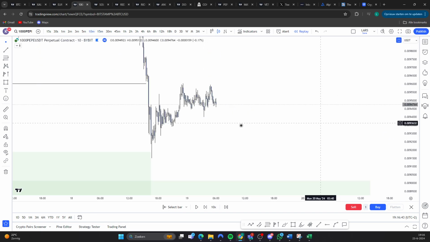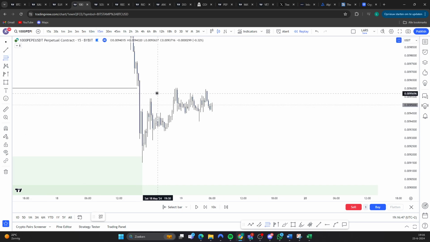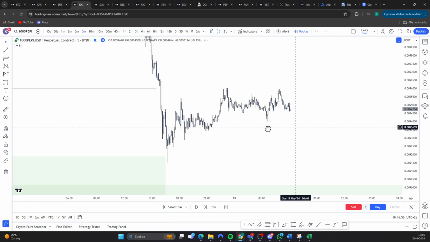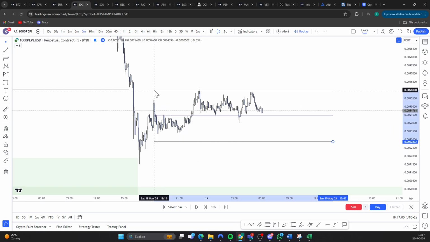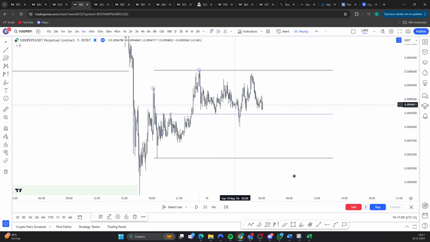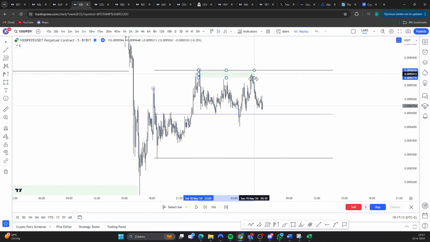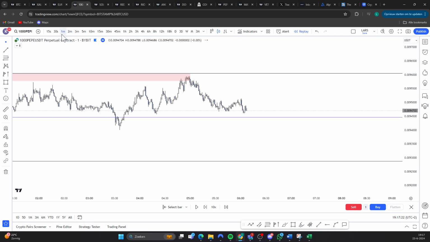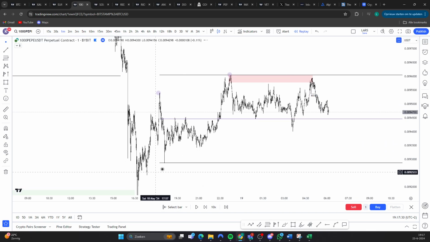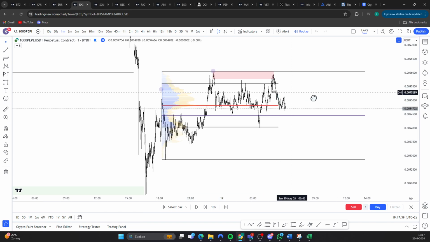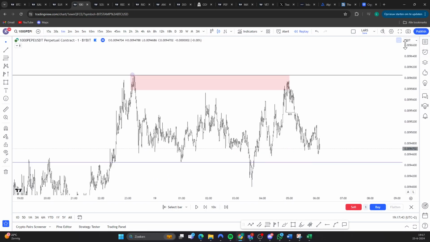Looking at how this is developing, this could be a range. This is a valid third tap.